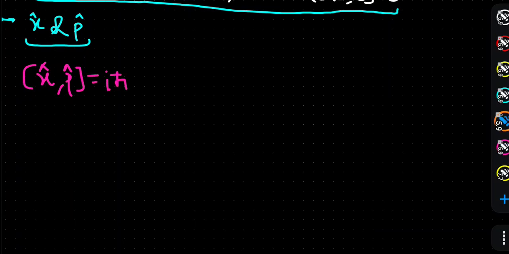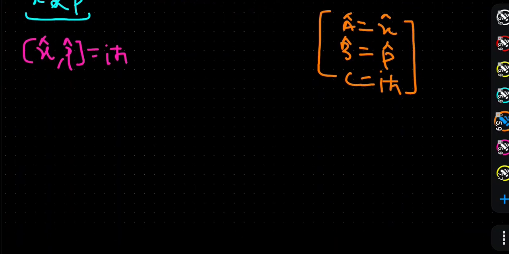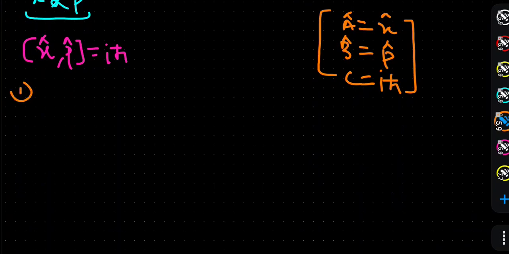So here our A operator is x, B operator is the momentum operator, and C is iota h bar. We are going to prove first that the commutation relationship between the momentum operator and iota h bar is equal to 0. So let's start the proof.